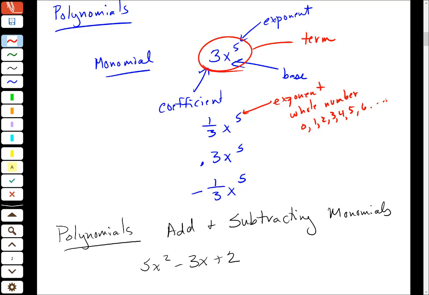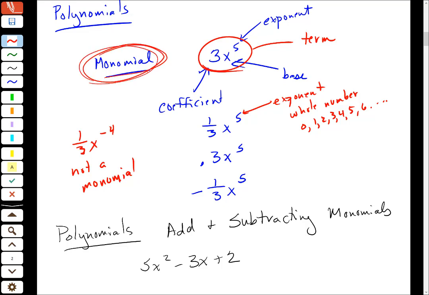It cannot be a negative number, so 1/3 x to the minus 4 is not a monomial. It's another type of object. I'm not saying it's disallowed. We absolutely work with things like this. It's just not a monomial. Does that make sense? That's not what this thing is. I'm trying to tell you what is a monomial? Not this, but it is this.